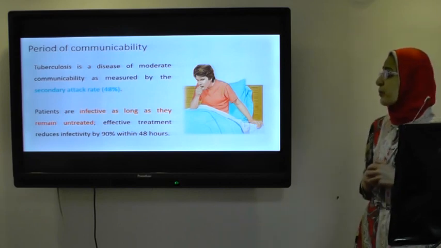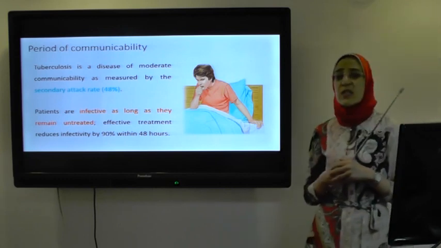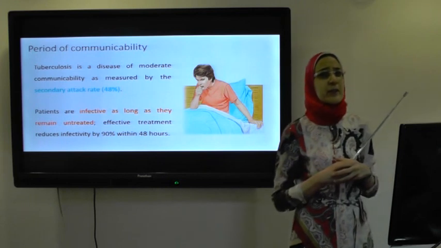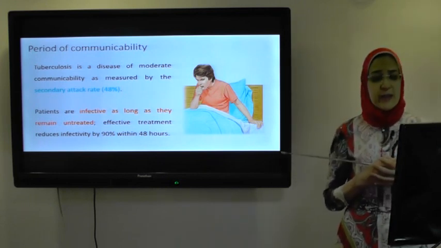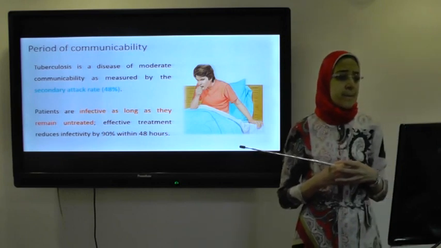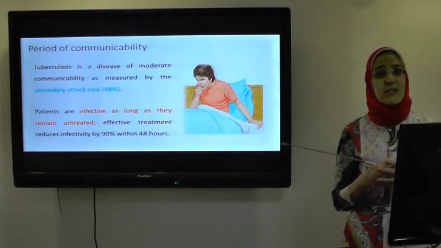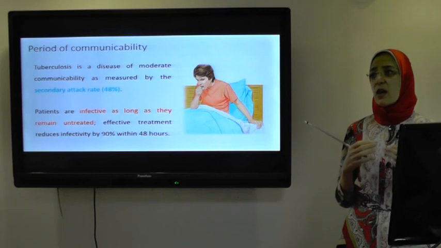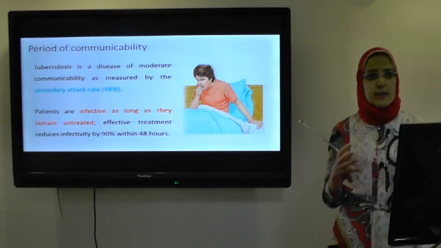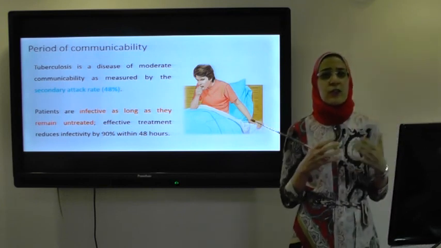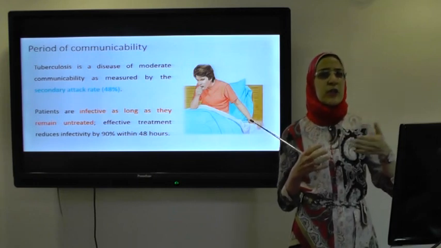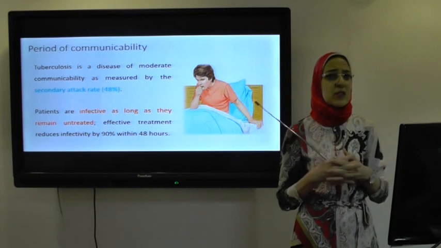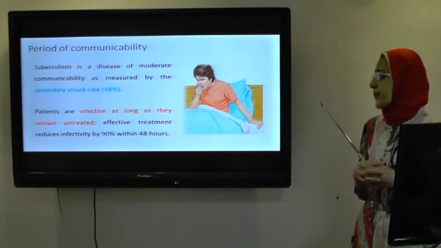Regarding the period of communicability, tuberculosis is a disease of moderate communicability in which the secondary attack rate is 48%. Patients are infective as long as they are left untreated, because when they are untreated, their sputum will contain large number of tubercle bacilli that can be easily transmitted from one person to another.